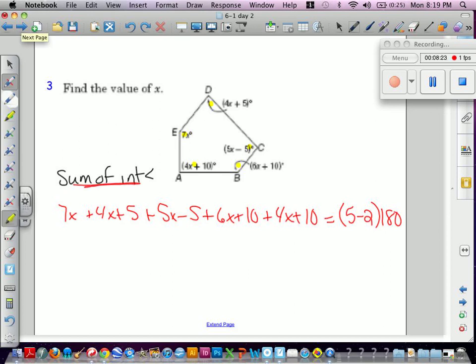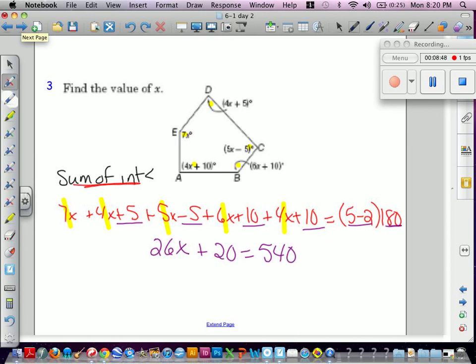Now, adding like terms, I'm adding all my x's up. When I add those all up, I'm going to get 26x. When I add up my numbers, I'm going to get 20. And that equals 3 times 180, which is 540.